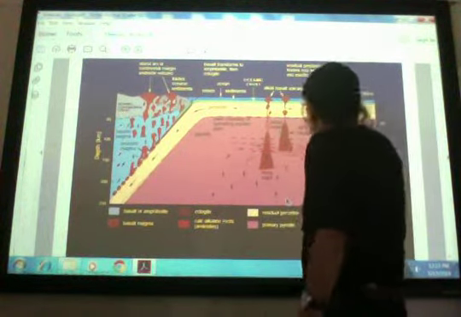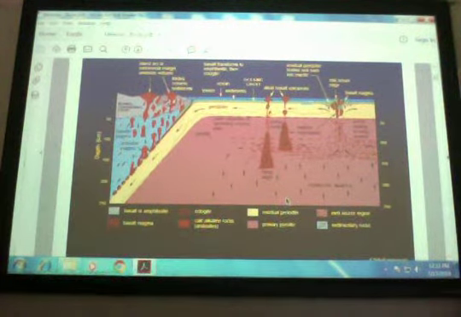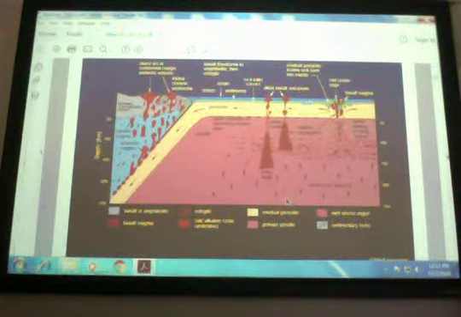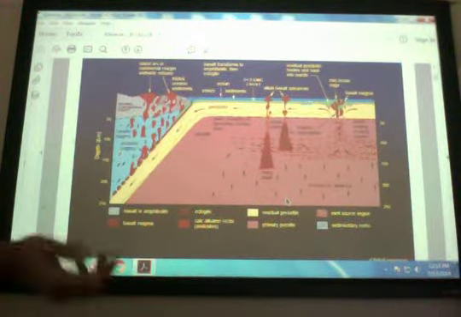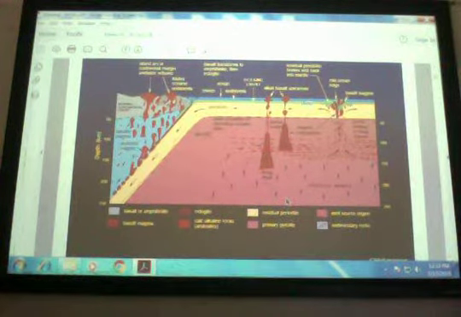So now here in green we have the oceanic crust, and the oceanic crust is made up of what? Yeah, that was a question. I always have questions, and usually I can then answer the question by myself.